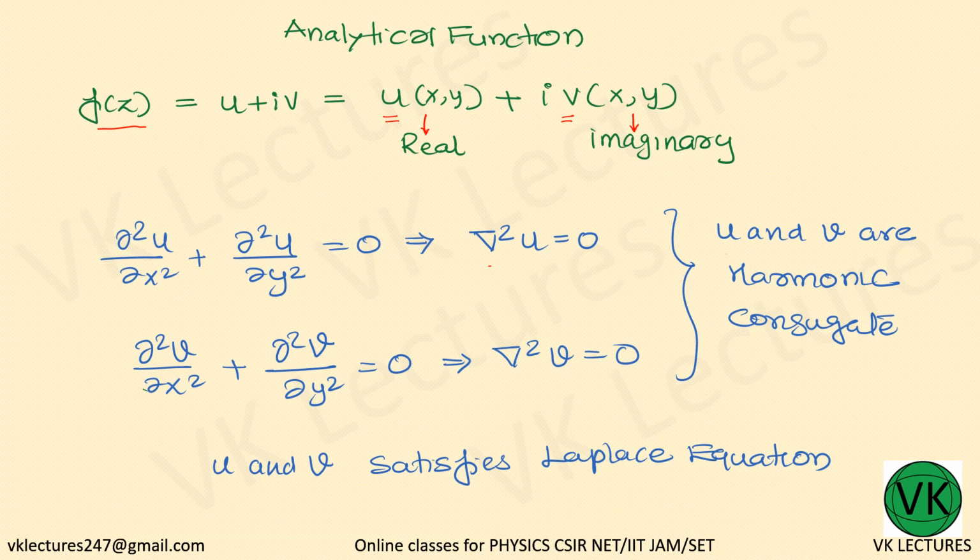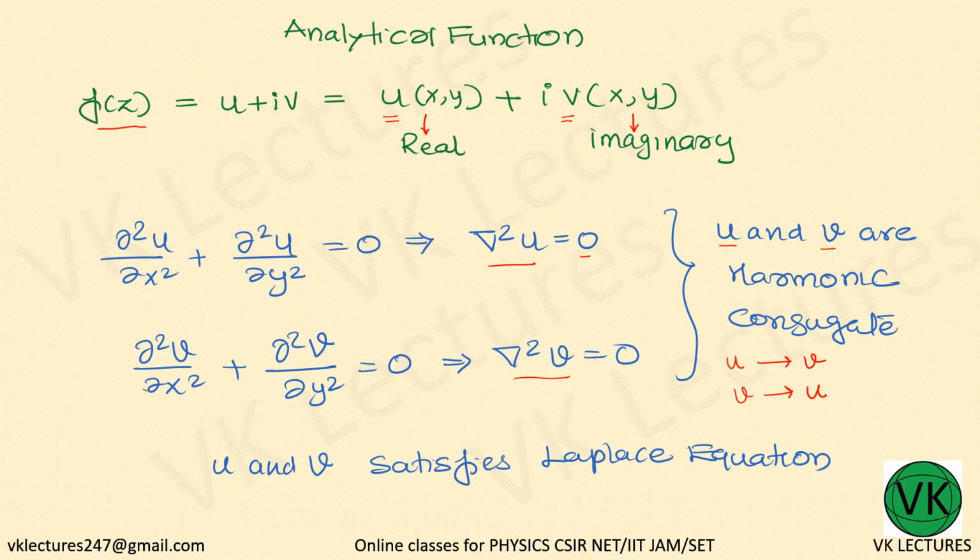That is, del square u is 0, and similarly del square v is also equal to 0. This implies that u and v are harmonic conjugates, which again tells you that if you know u, we can find v, and if we know v, we can find u. They are orthogonal.